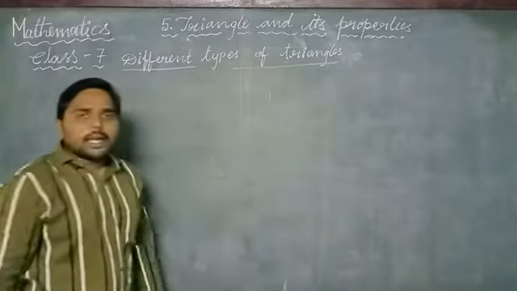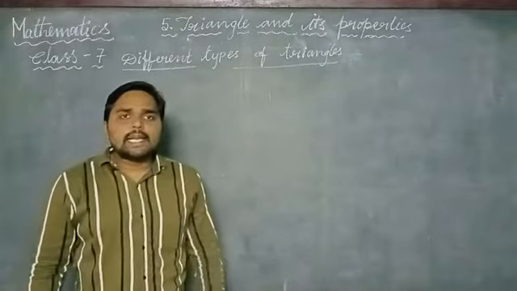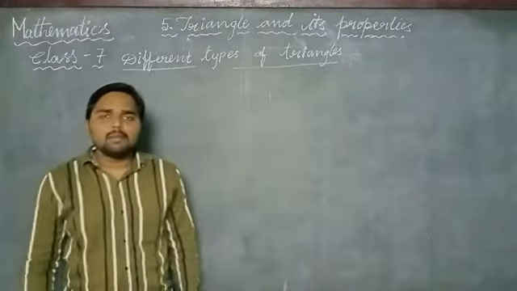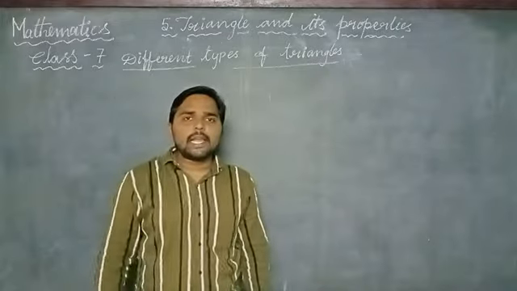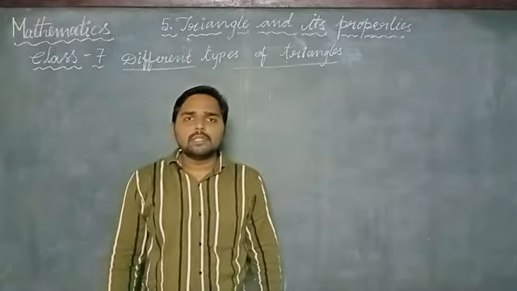According to the sides and the angles of a triangle, we can classify triangles into 6 types.